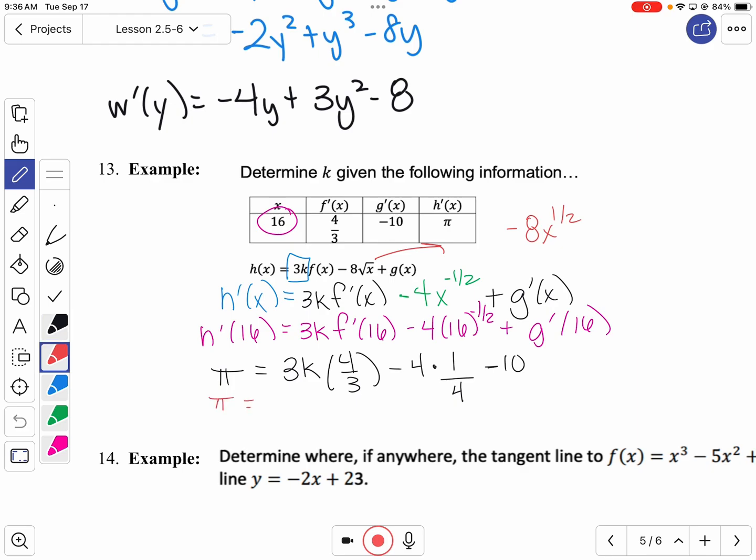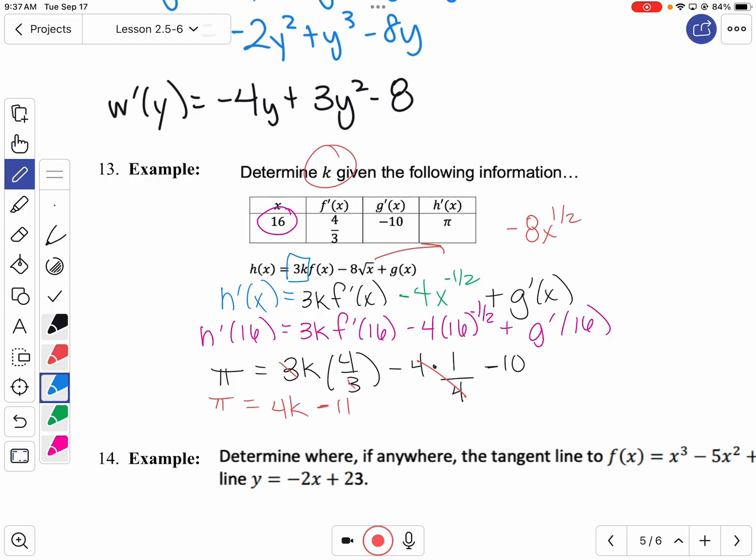So I get pi equals, those 3's are going to cancel, so I get 4k. -4 times 1/4 is going to be a -1, and a -10 gives me a -11. Right? This problem asked me to find k, so I'm getting closer. All right, I'm solving an equation. What would I do?